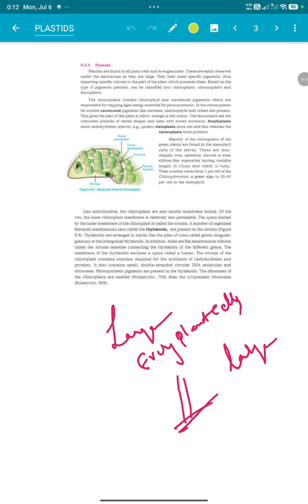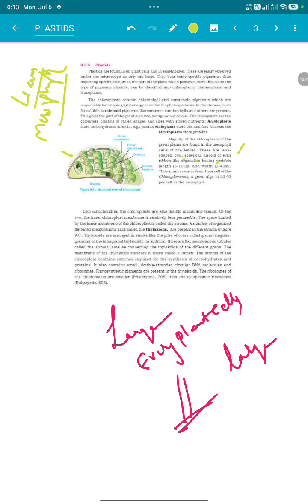The majority of the chloroplasts of green plants are found in mesophyll cells of the leaves. These are lens-shaped. Mesophyll cells are found in leaves. They can have different shapes: lens shape, oval or spherical, discoid, or even ribbon-like organelles with variable lengths.